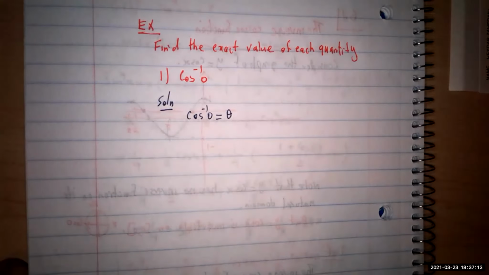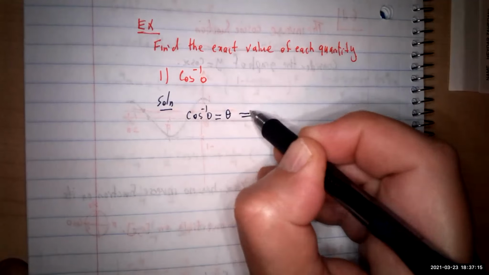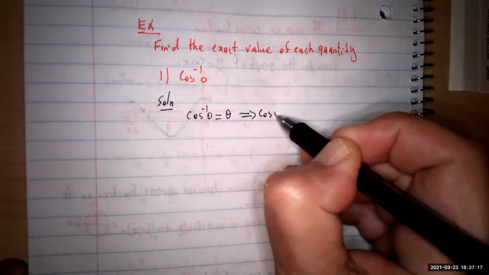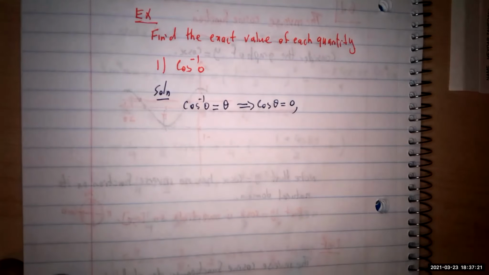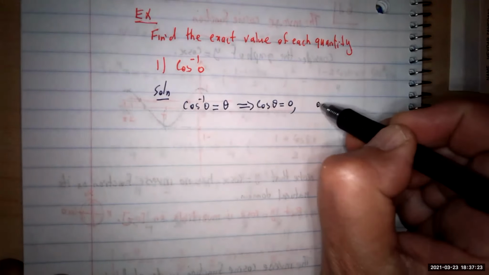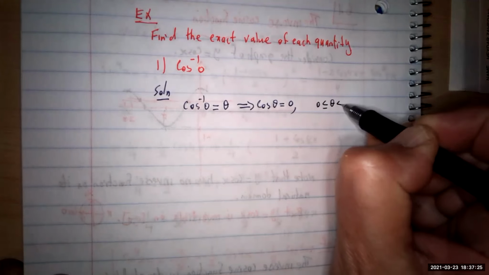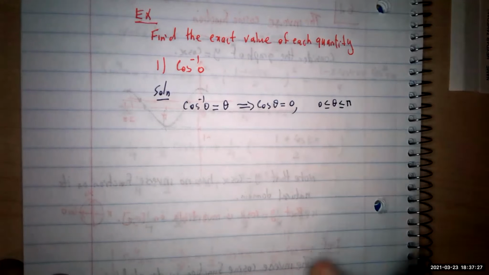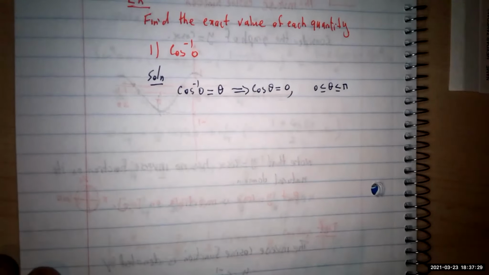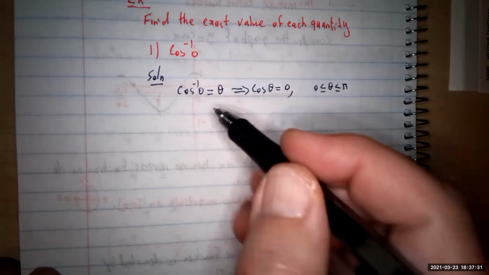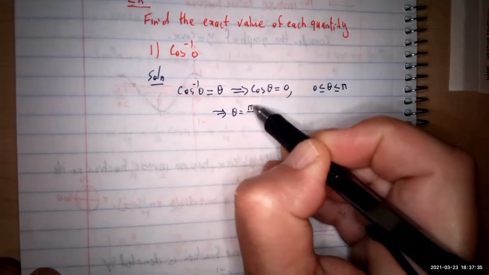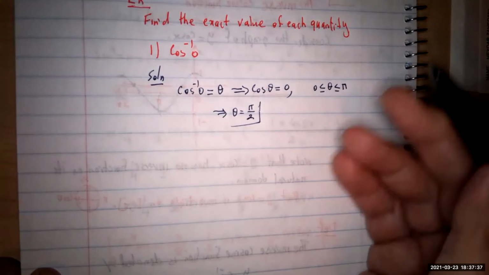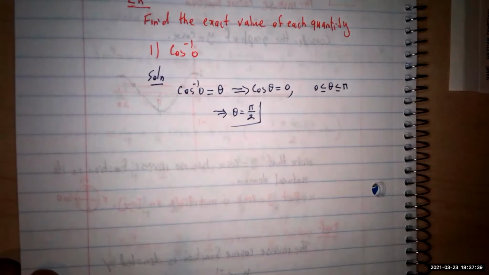Then use the definition, switch it, so that it gives you the fact that the cosine of theta is equal to 0, and quickly write that theta must be between 0 and pi. Remember, this is the condition. And you know that between 0 and pi, the only solution is theta equal to pi half. You can check it with your table or just know it yourself.